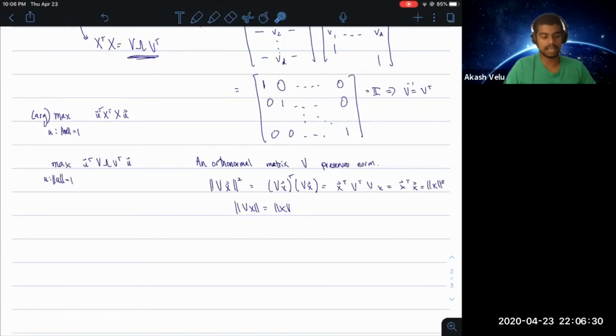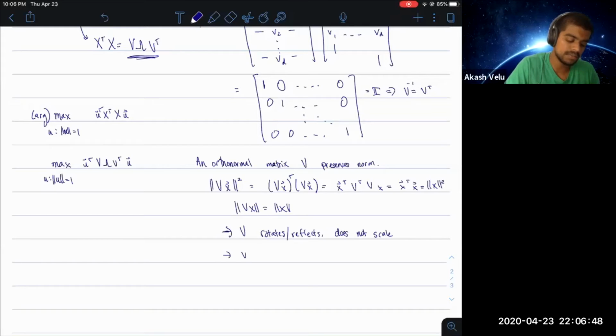So there's no scaling happening. All that is happening is that V rotates or reflects X, but it does not scale. And a quick note is that V and V transpose are both orthonormal, and this is because V transpose V is the identity.